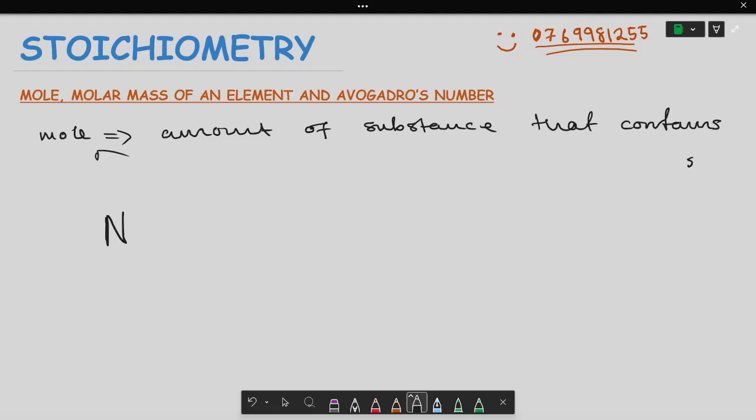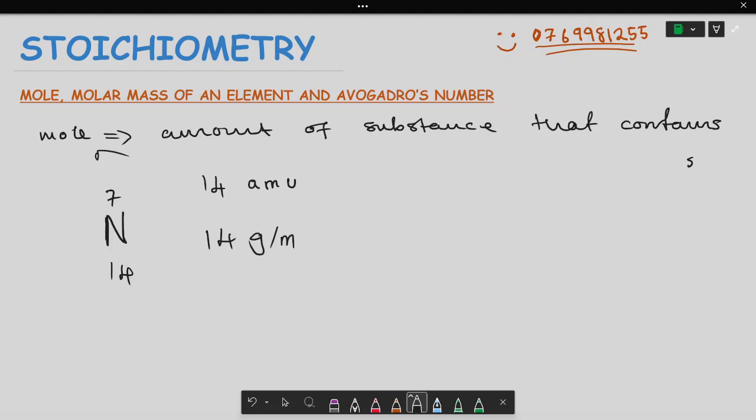We know that nitrogen has an atomic number of 7 and a mass number of 14. We can express the mass number 14 in atomic mass units, or we can say that 14 can also be expressed as grams per mole.